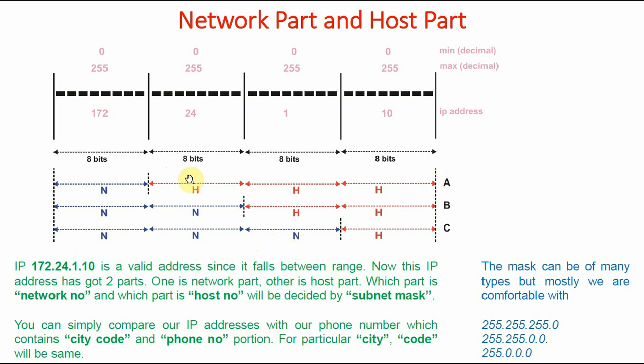Sometimes we call this an A class address, when we have one octet, the first octet, for your network number. If we have two octets for your network, this is called B class. And if it is three octets, then it is C class. We will be going into the details of this.